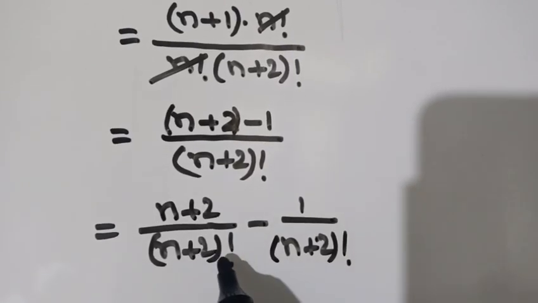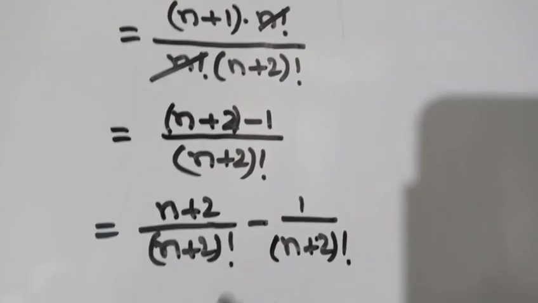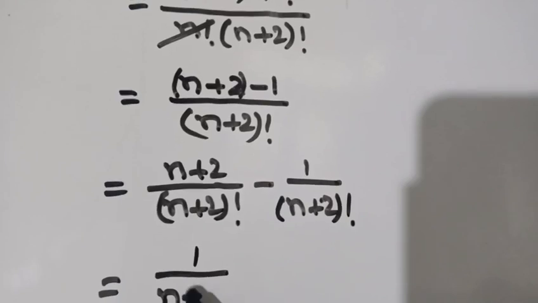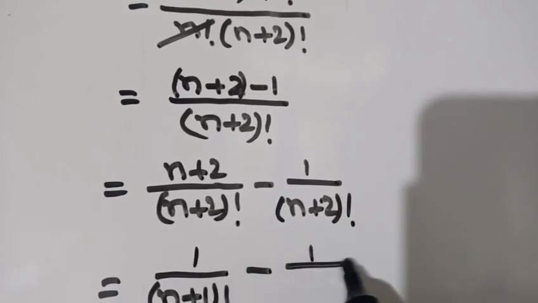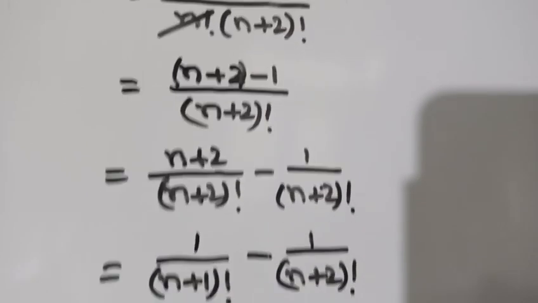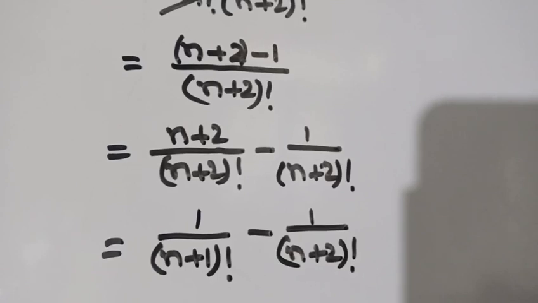N plus 2, we can cancel n plus 2, and here I get 1 by n plus 1 factorial. So 1 by n plus 1 factorial minus 1 by n plus 2 factorial. This is our nth term.